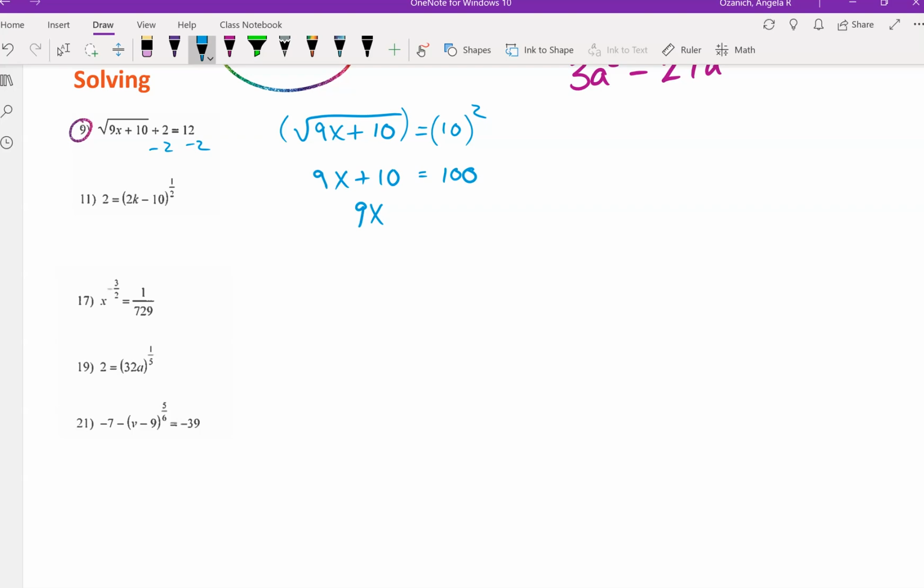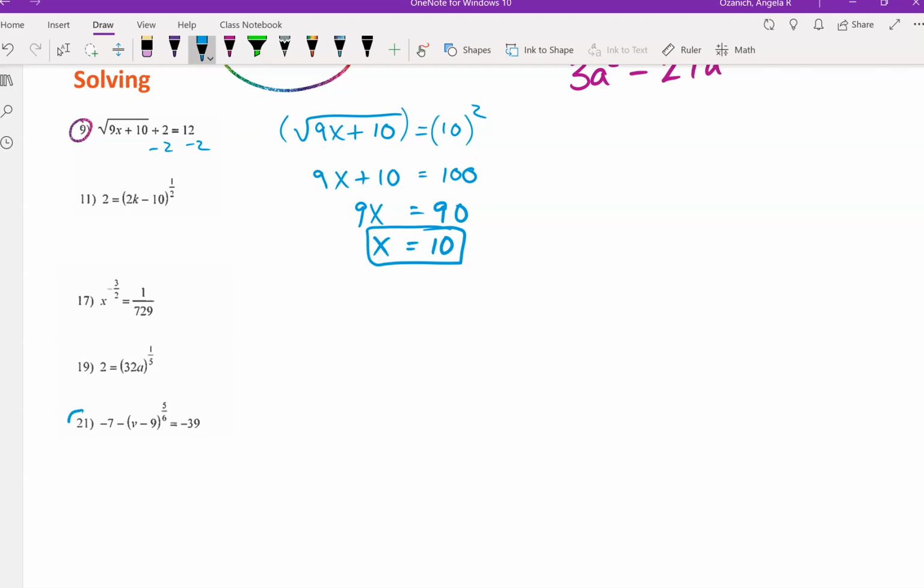And what else do we have left there? Subtract the 10 from both sides. Divide by 9. Okay, something like that to make sure it works out.